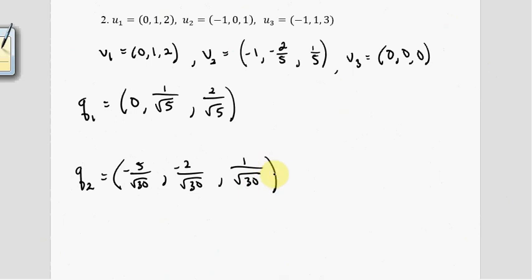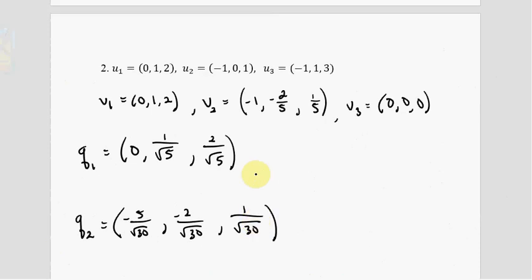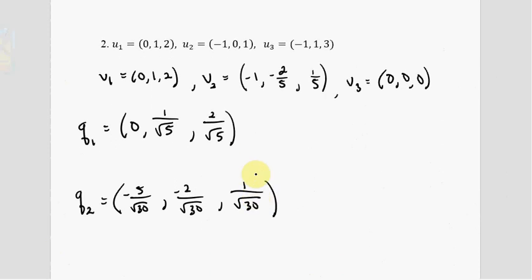And there's no Q sub 3 for that one, and that makes for good discussion in terms of what happened to Q sub 3. Q sub 3 did not form because V sub 3 is the zero vector.